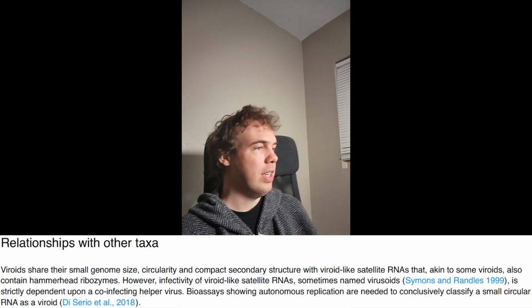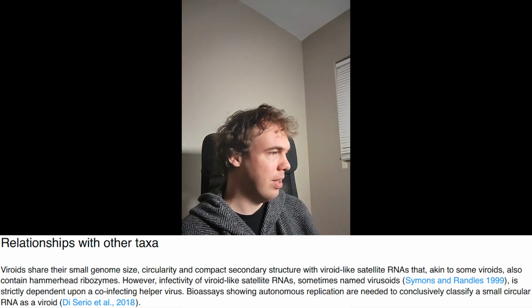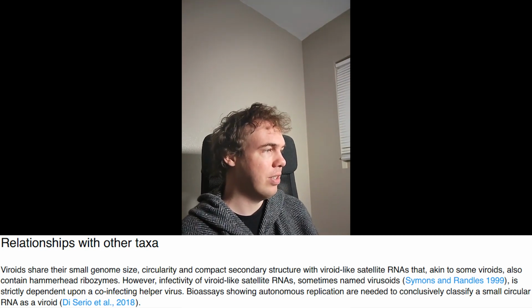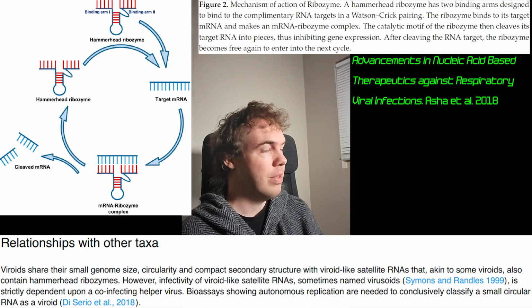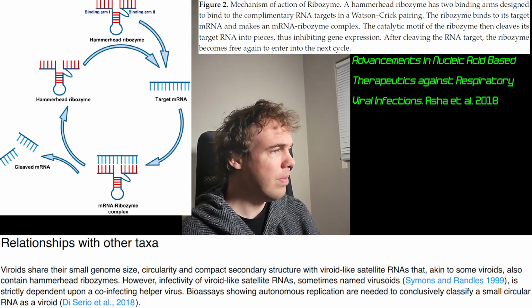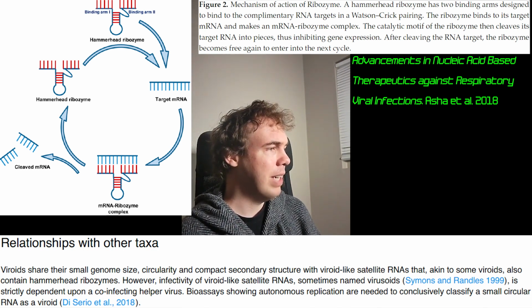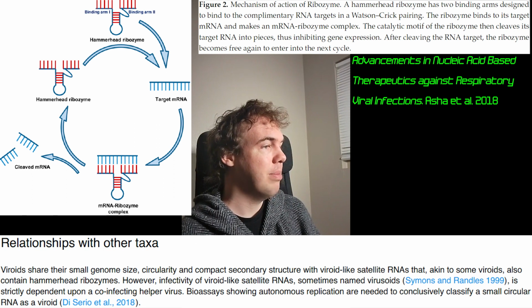Okay, so viroids share their small genome size, circularity, and compact secondary structure with viroid-like satellite RNAs that, akin to some viroids, also contain what are called hammerhead ribozymes, like I was talking about earlier. However, infectivity of viroid-like satellite RNAs, sometimes named virusoids, is strictly dependent upon a co-infecting helper virus.